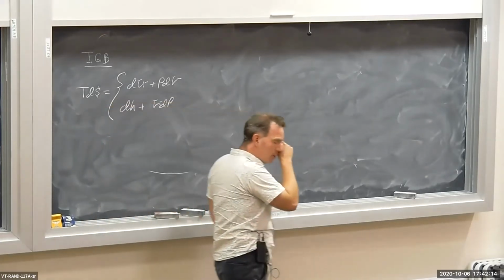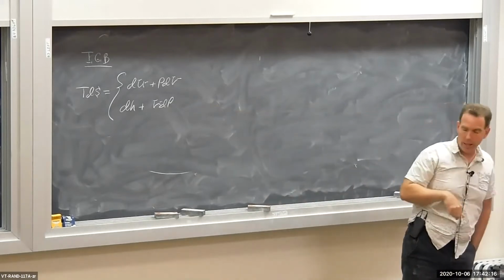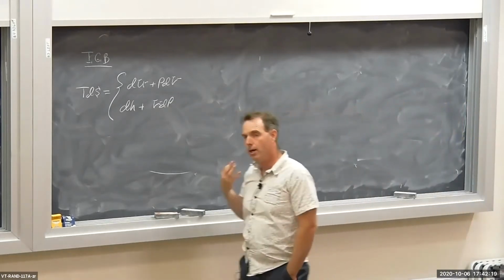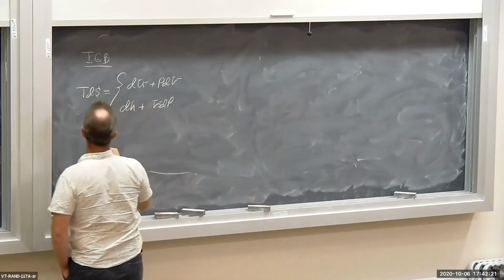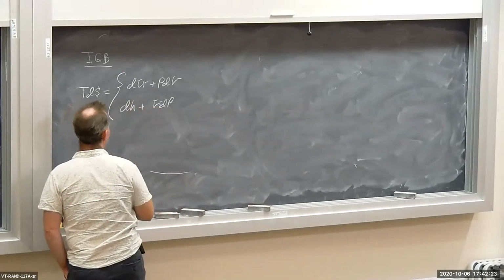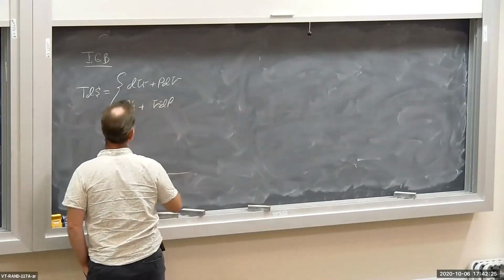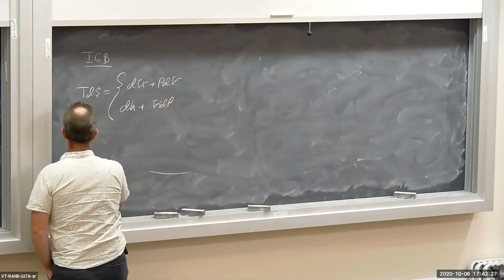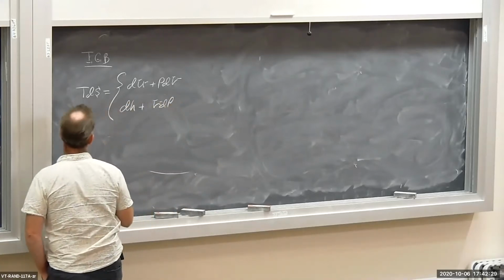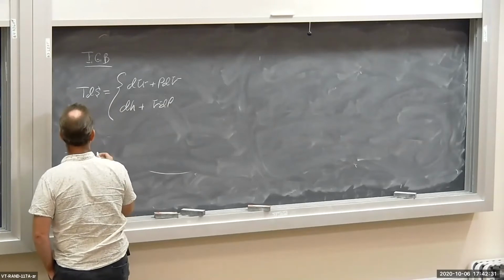By the way, at this point it might be good to divide both the left and right-hand sides by the mass of the system. If we divide by mass, everything becomes lowercase. So I can also write this in terms of specific entropy, internal energy, and volume.